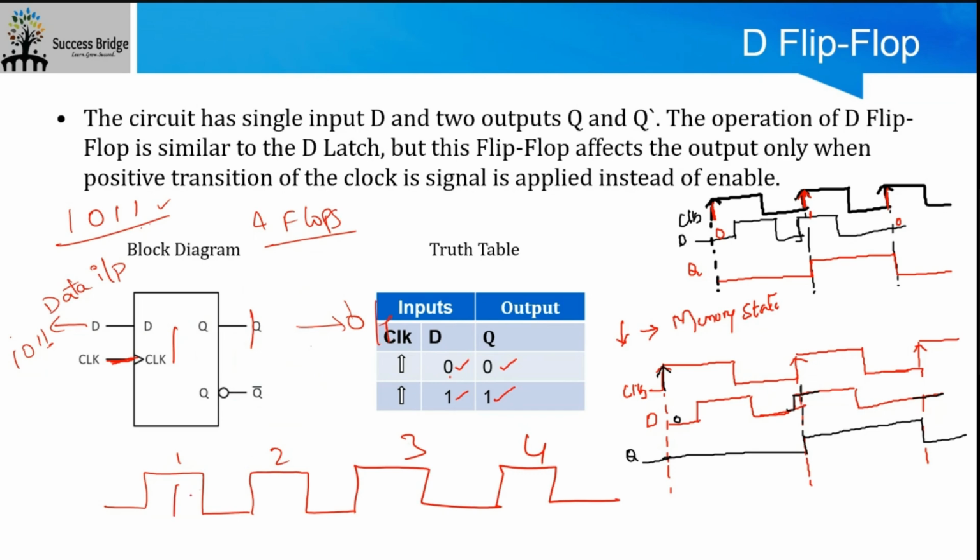So 1, 1, 0, 1. You got it? So this is the behavior of a flop storing a value, and how we store a value by giving the clock.